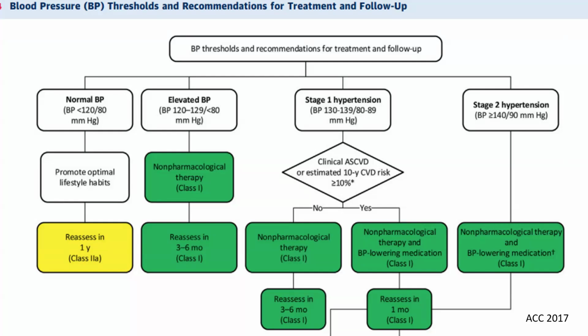If this risk is greater than or equal to 10%, the patients were supposed to be treated with non-pharmacological therapy, and if it is greater than 30%, they were supposed to be treated with pharmacological therapy with BP lowering medications plus lifestyle therapy. So this was the major change after the SPRINT trial.